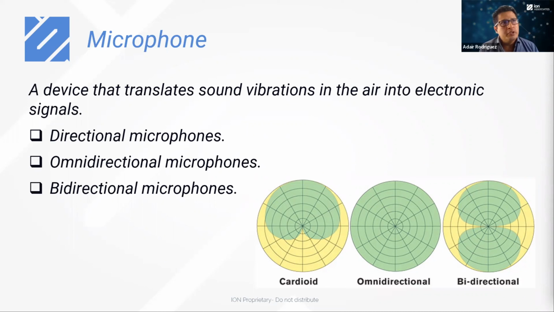As we might remember from the basics, we have three different microphones depending on where they receive the sound. The cardioid, or directional microphone, receives the signal from just one direction. We also have omnidirectional, which are able to receive sound from all directions, and of course, bidirectional.